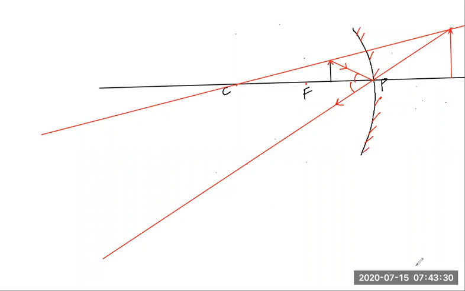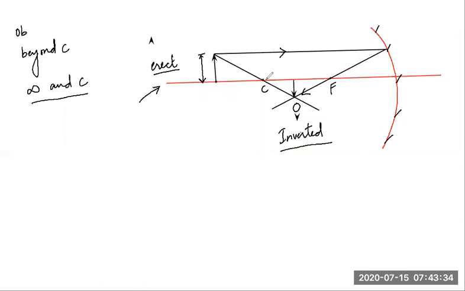Now, students, if you see all these cases, let's say this case, when the object was beyond C, the image is between C and F. So, if you keep some screen here, exactly on this point, an inverted image will be there. Imagine if this is a candle.